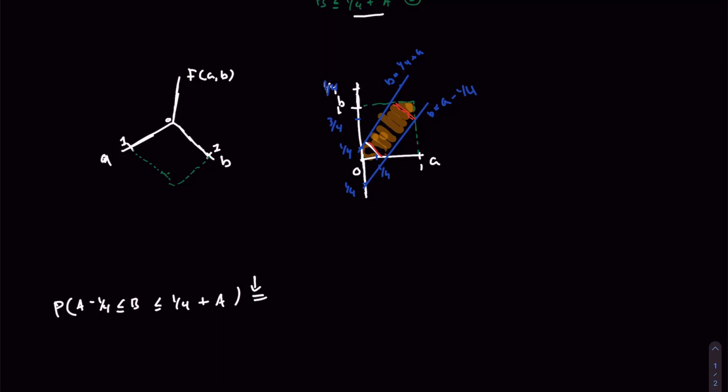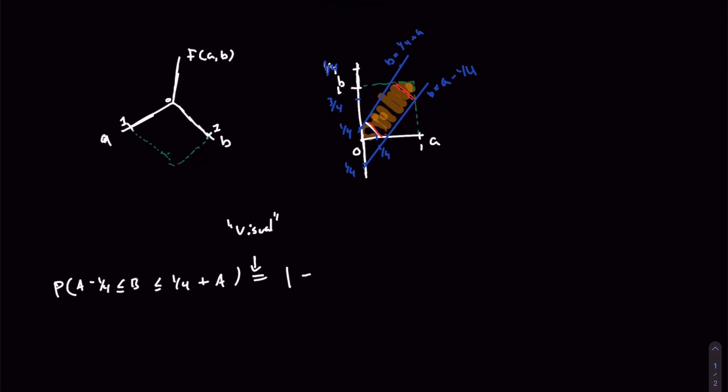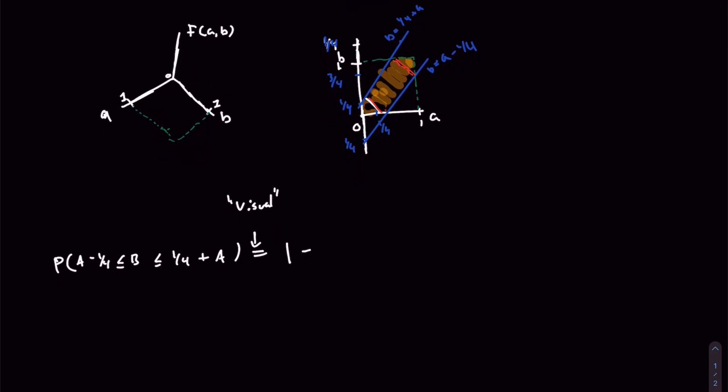This is a visual or geometrical derivation. So we have the full probability space, which is 1. Now we're going to subtract the first triangle and then the second one. Because they are symmetrical, I'm just going to calculate this and multiply it by 2. And then we end up with the region of interest, which is this probability here.